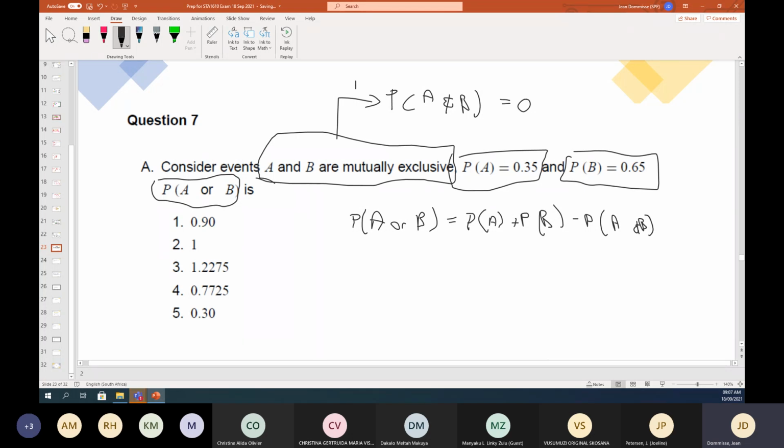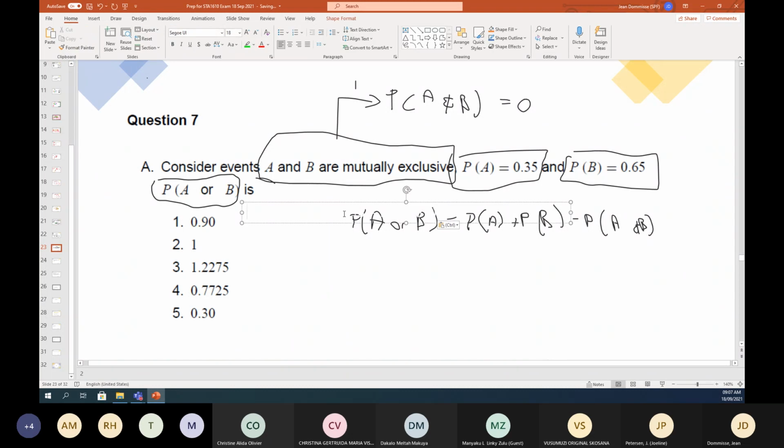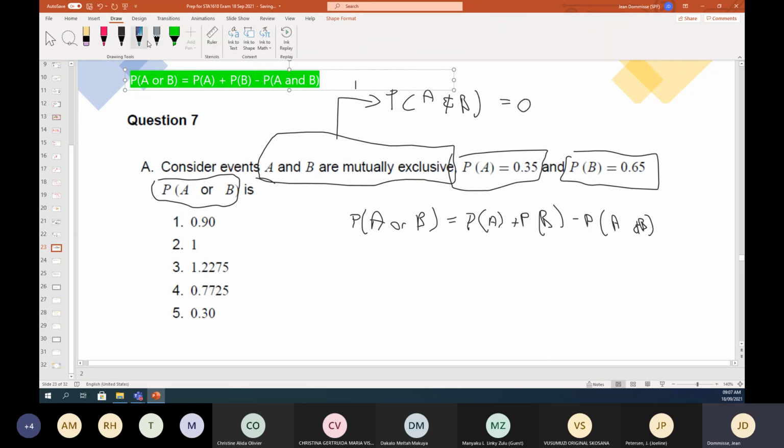I'm also going to copy it in. Okay, so let's just complete it then.